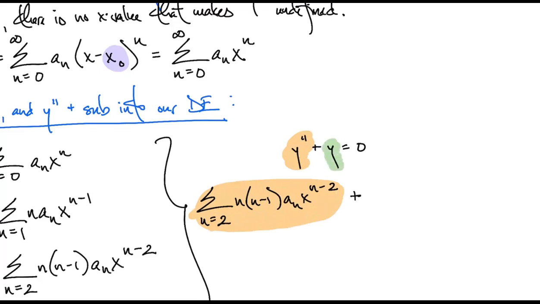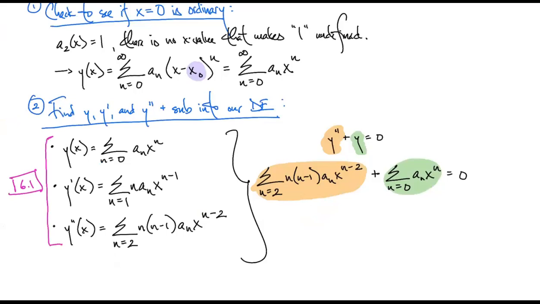So plus the sum from n equals 0 to infinity of a sub n x to the n equals 0. Okay. So the orange part replaces the orange part, the green part replaces the green part.